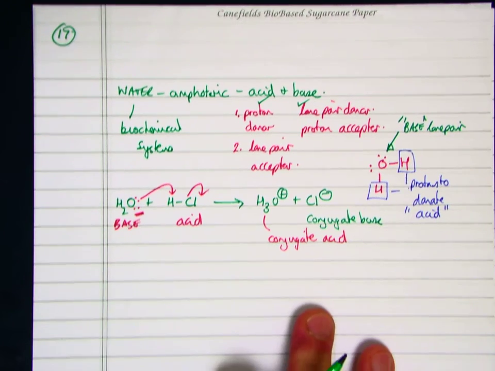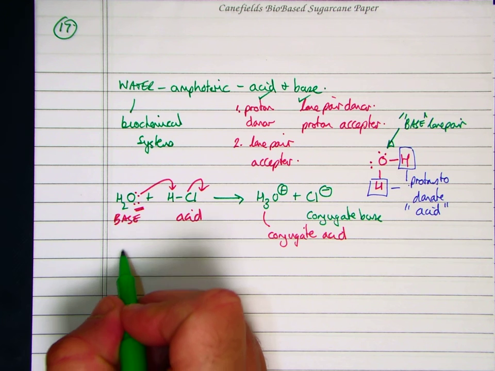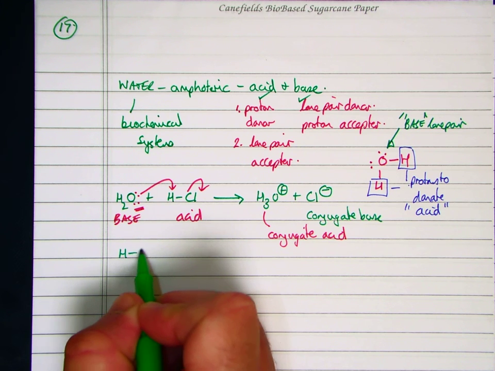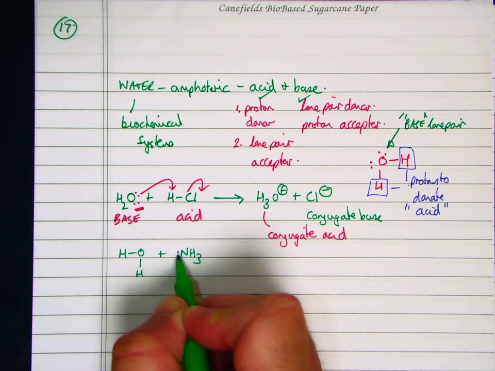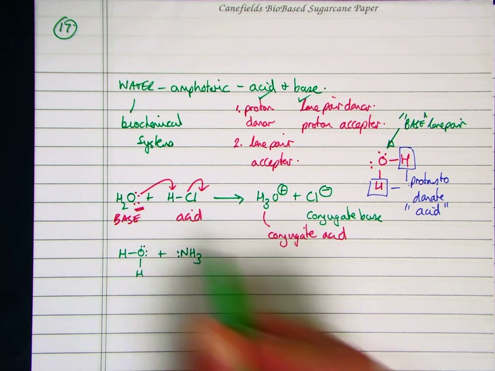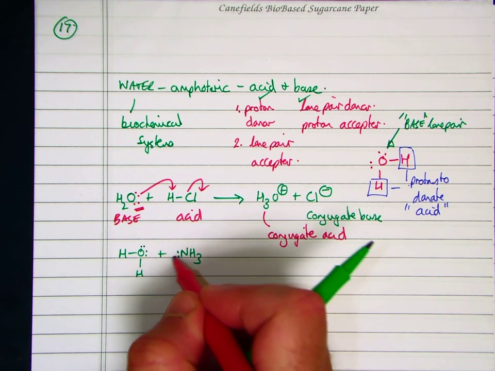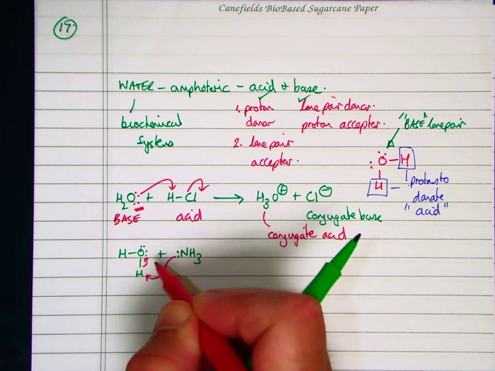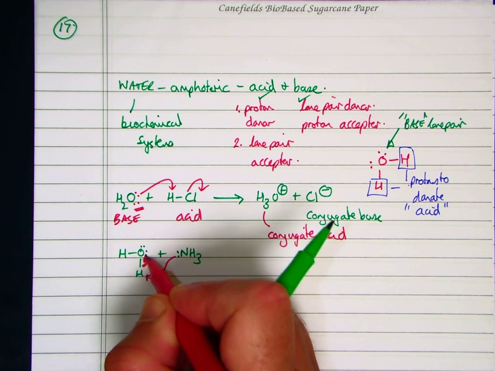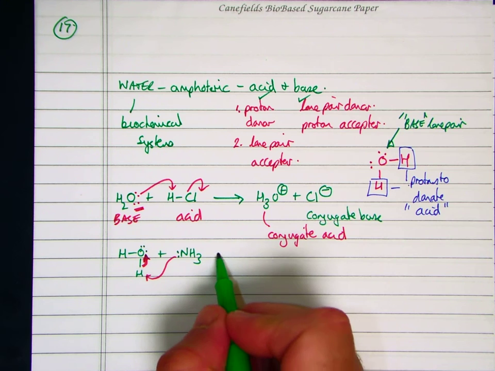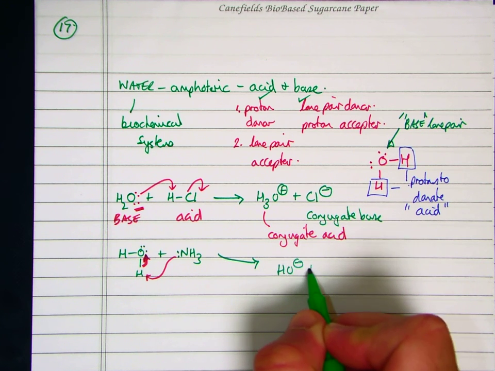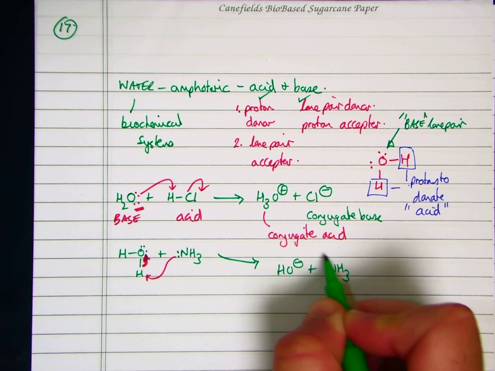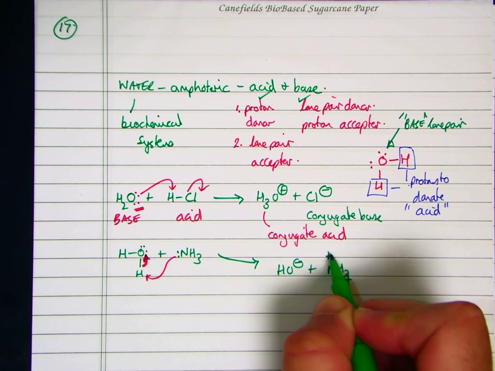Alternatively, if we look at this from a different perspective with the water, we react it with ammonia. You can see that the ammonia picks up a proton from the water and breaks the oxygen-hydrogen bond. The electrons are donated in the opposite fashion. The result of that is to form OH- plus NH4+.